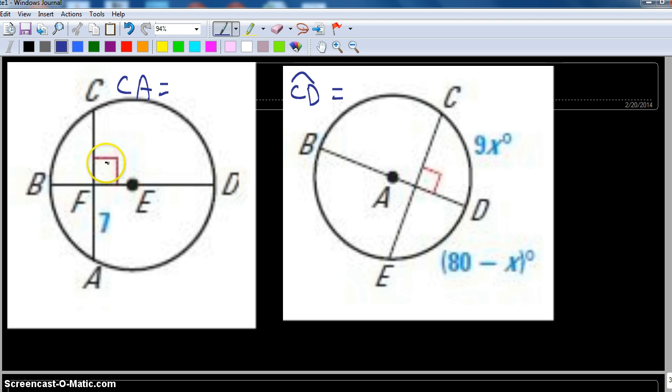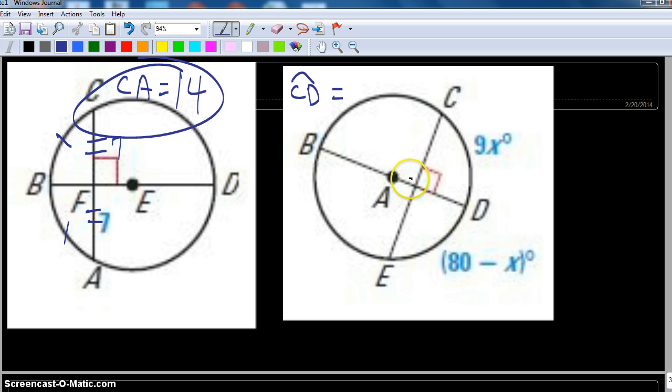And I have 90. I have 2 of the 4 properties. And that means that that equals this, and that one equals that, and these are equal. Why? Because I can imply all 4 properties as long as I have 2. So that's 7, that's 7. So from C all the way to A, it's 7 plus another 7, which is 14.